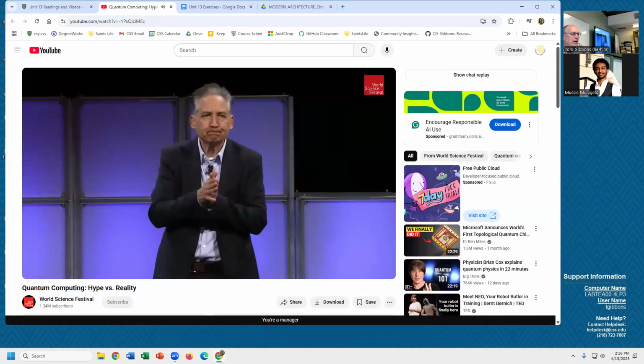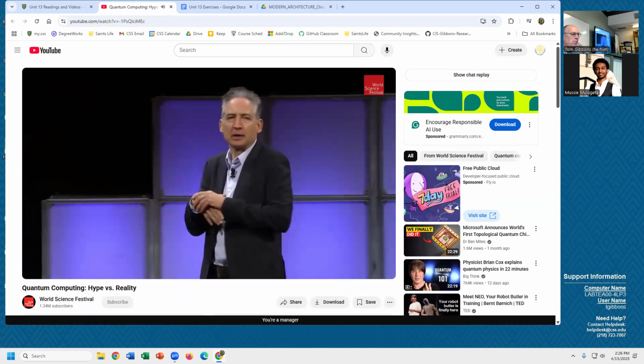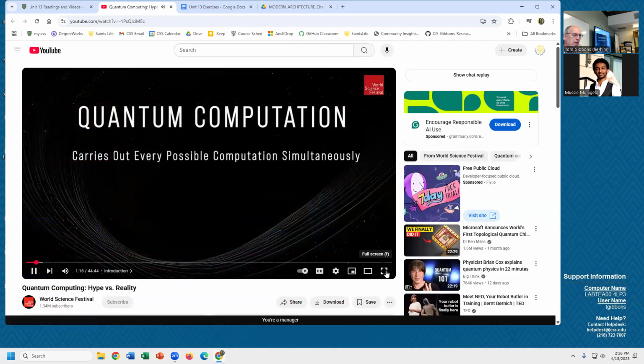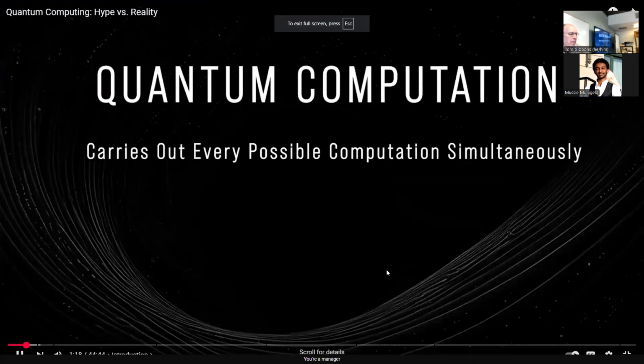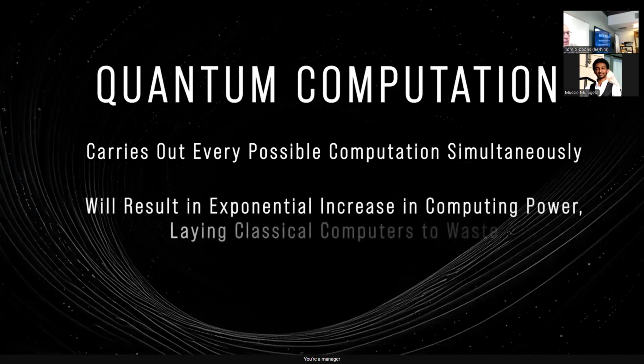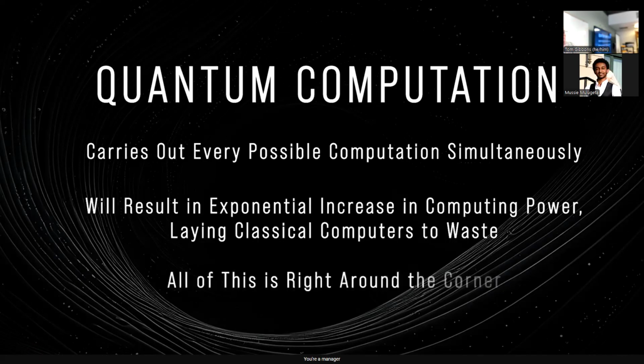You hear things like quantum computation creates every possible computation simultaneously. And you find things like quantum computation will result in an exponential increase in computing power, laying all of practical computation to waste. And you find statements like all of this is right around the corner.